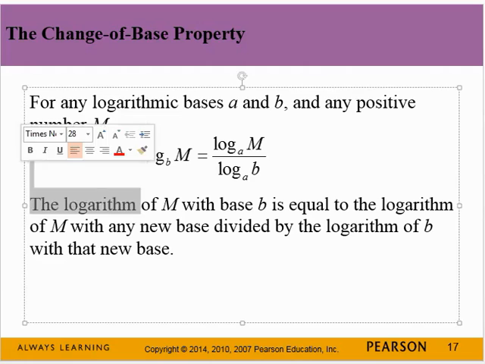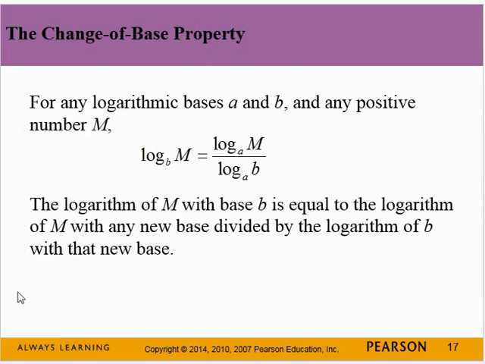So another rule that we're going to talk about is called the change of base property. So if you're given log sub b m, that really means you have log a of m over log a of b. Let's look at an example.